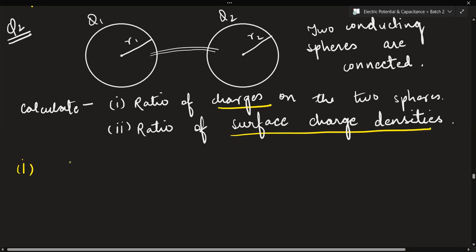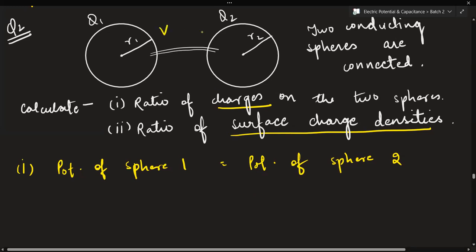When the potentials have become equal, potential of sphere 1 is equal to the potential of sphere 2. This is the basis of your answer. This is how you will be starting with your answers. Because until both of them acquire the same potential, charges will keep on moving. Now you have to find out the ratio of charge.